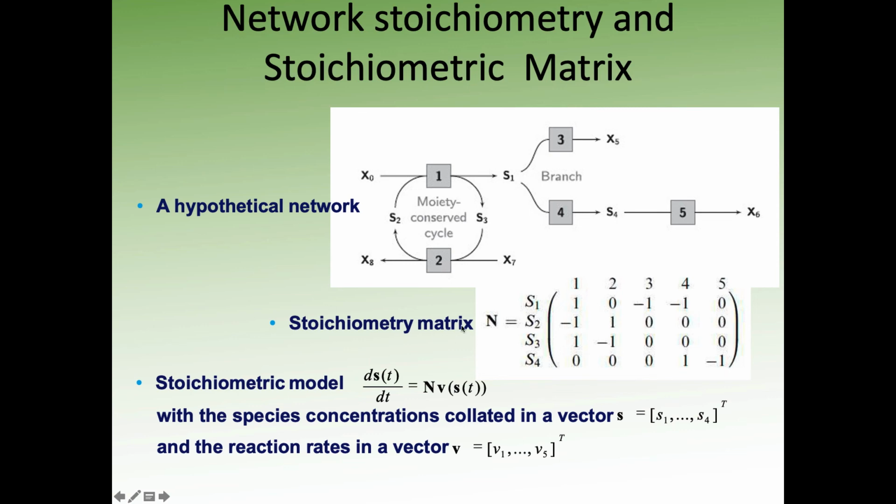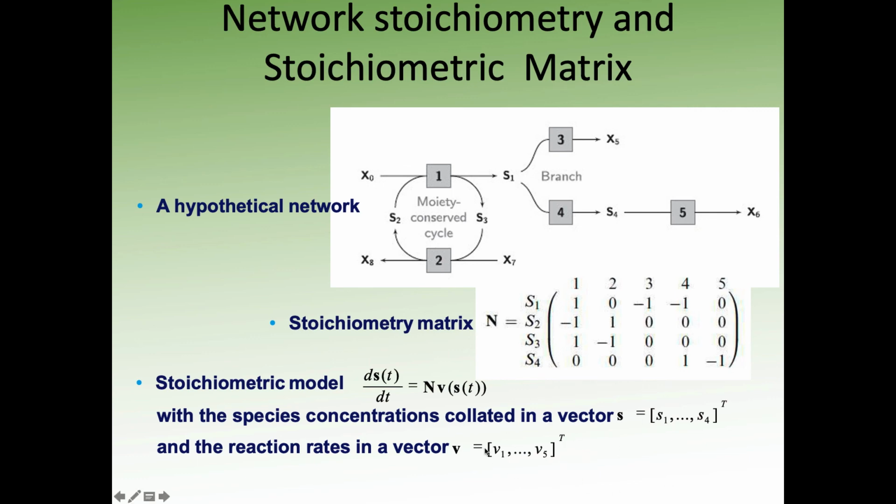And as I discussed before, this creates a stoichiometric matrix, which can then be derived into this stoichiometric model, where each of the entities of this matrix represents the reaction coefficients of these specific metabolites in each of these reactions.